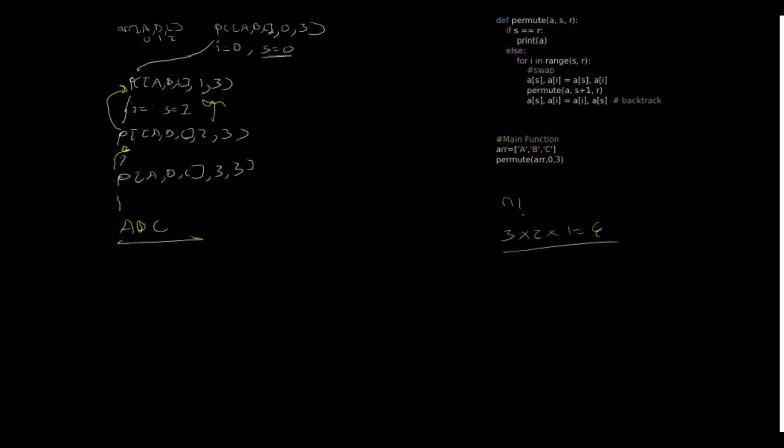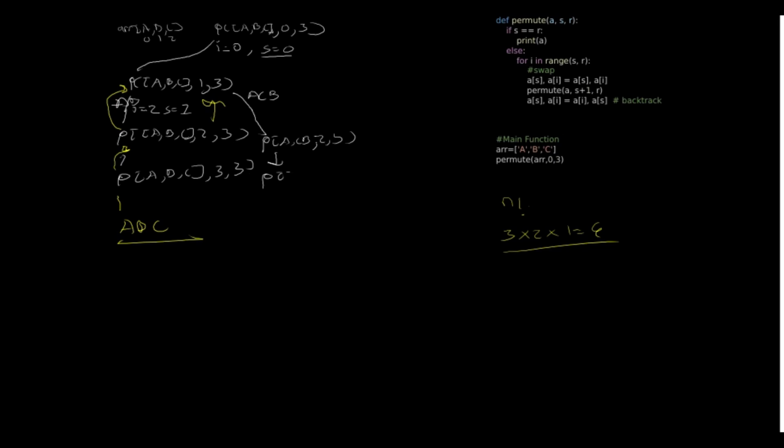Oops, I forgot to change the color. And we go here. This is A. We do a swap, so this is AB, now this is AC, B, and then this becomes A, C, B. Then 2, 3.